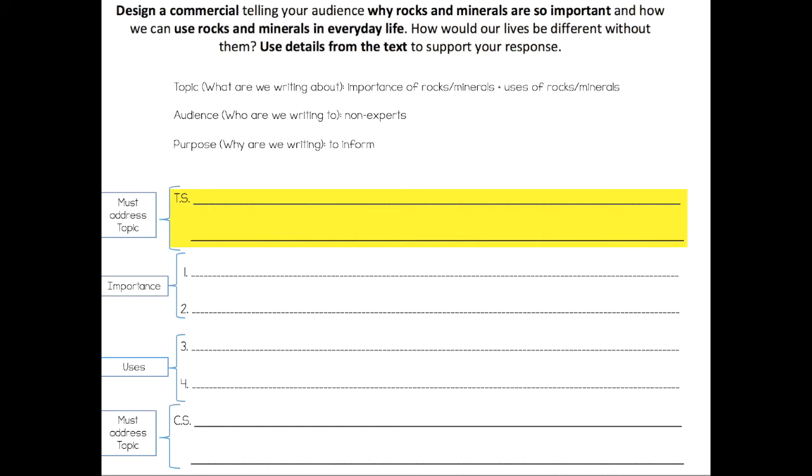Let's think back to what our final task is. We're designing a commercial. So our topic sentence really needs to make a statement. We need to start our commercial strong with this lights, camera, action in a very engaging and interesting way, because otherwise our audience is going to change the channel on us.